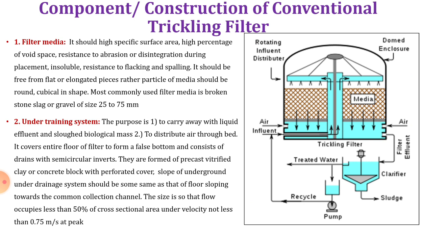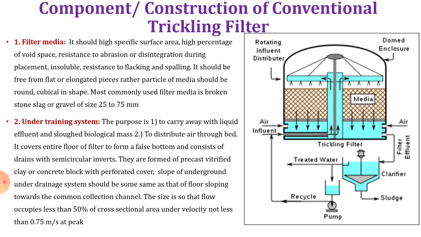Under drainage system, the second component. The purpose of the under drainage system is to carry away the liquid effluent and sloughed biomass and to distribute the air through the bed. It covers the entire floor of the filter to form a false bottom and consists of drains with semicircular invert.